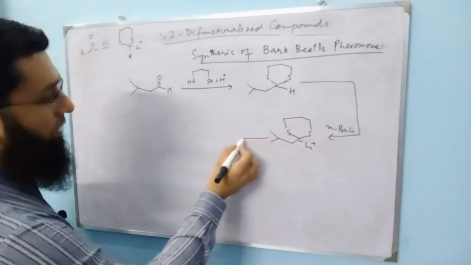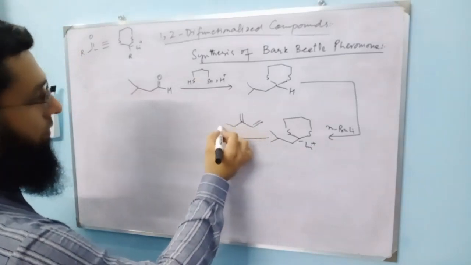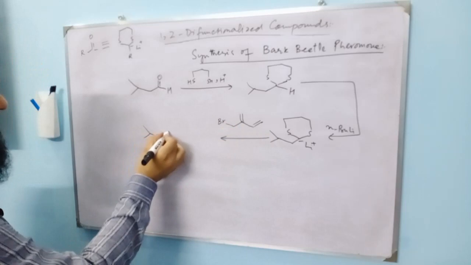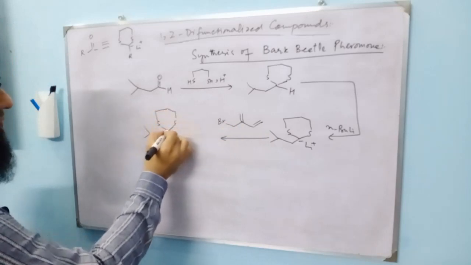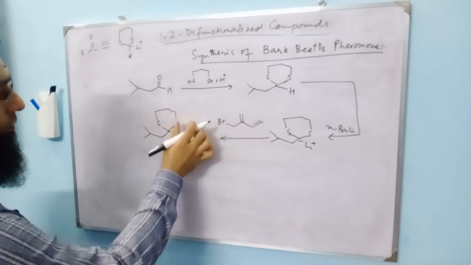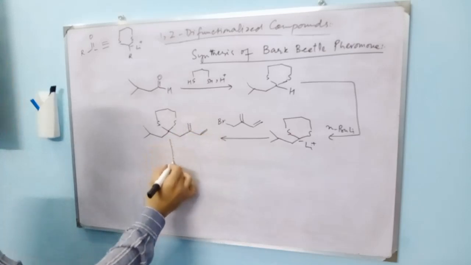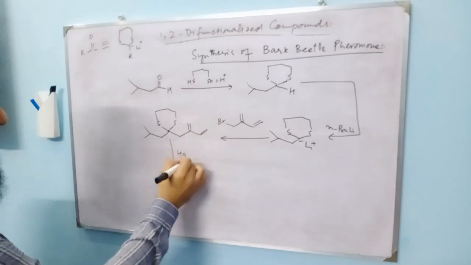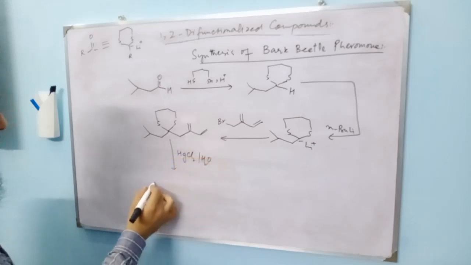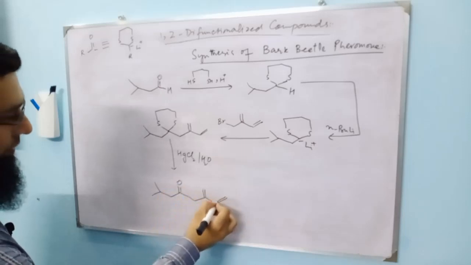this reagent was formed, which was then reacted with this special alkyl halide, and after nucleophilic substitution reaction, this was formed, which was further hydrolyzed using mercury chloride and water to get this one.